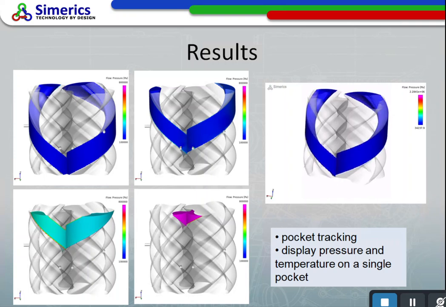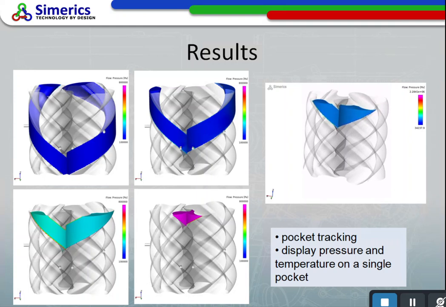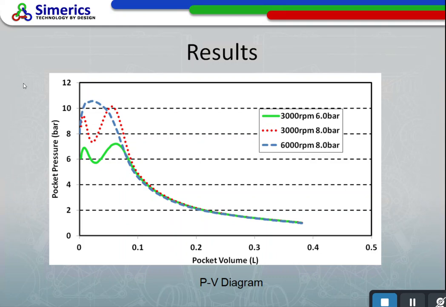And we can also display the pressure and the temperature on the single pocket. Based on that pocket tracking, we can plot this PV diagram, and also compare the performance of the different designs.